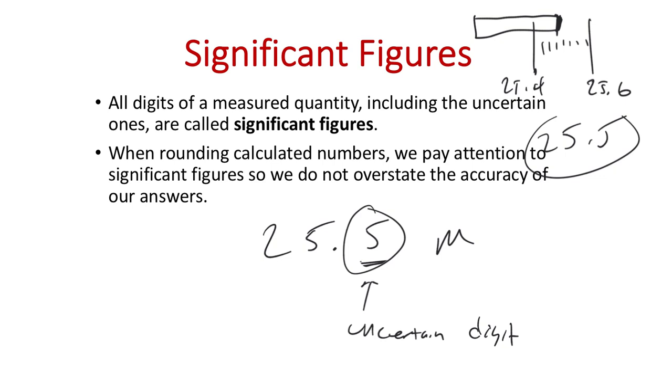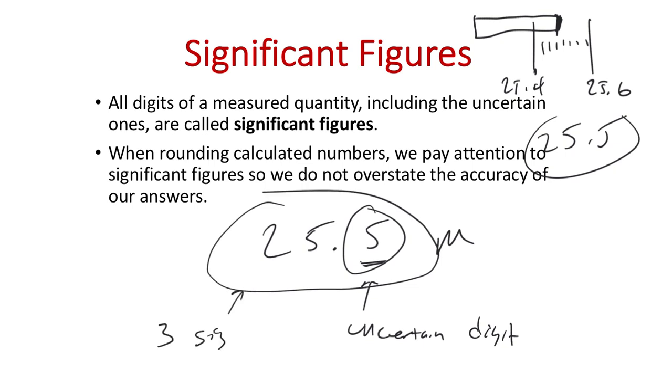But it's still a significant digit. I look at this quantity, the entire number, and I say I have 3 significant figures. The more significant figures a value has, the more precise it is.